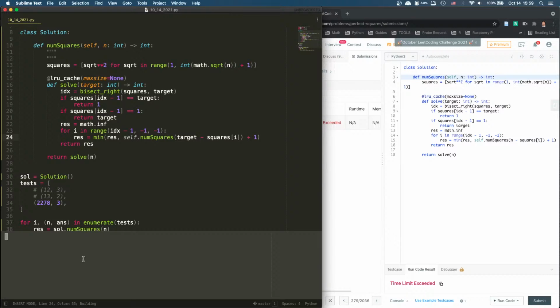What? Still not good. Yeah, it is target minus. The target minus is still not right. Oh, numSquares. Solve. And it's not self.solve. There we go.